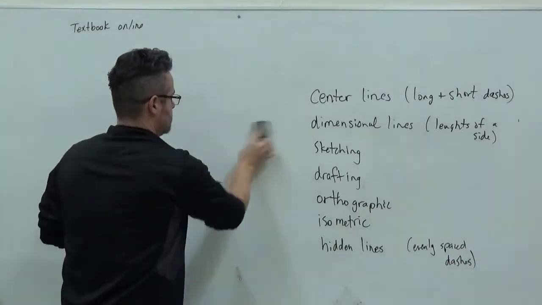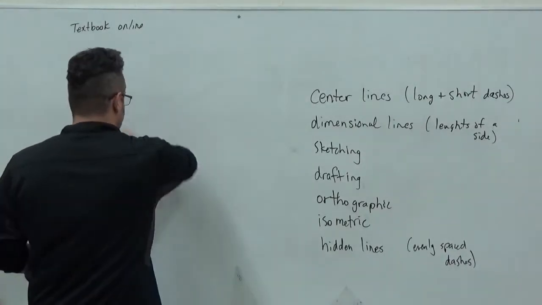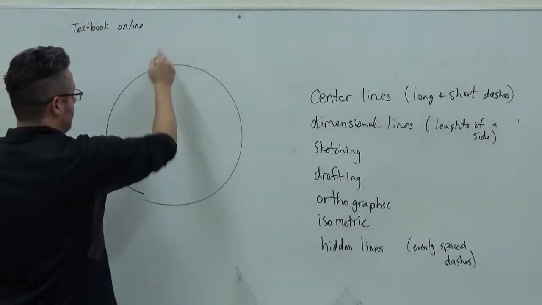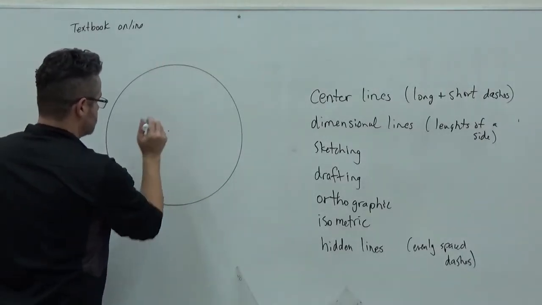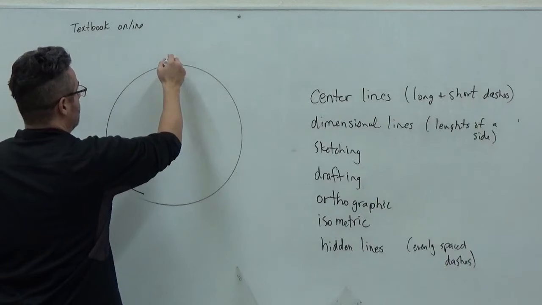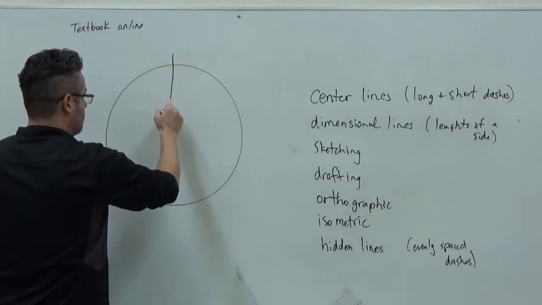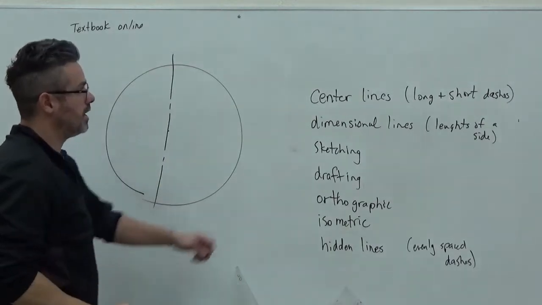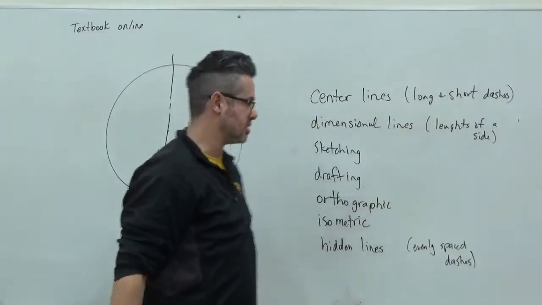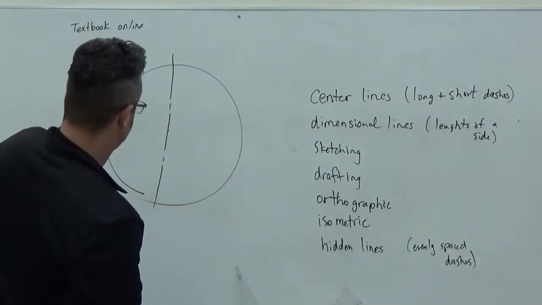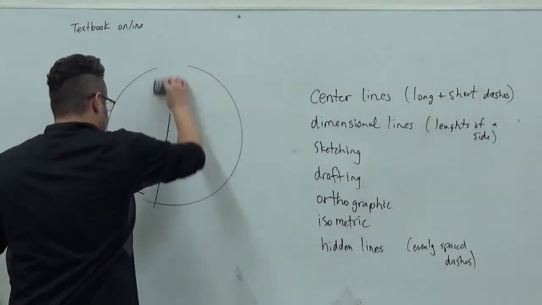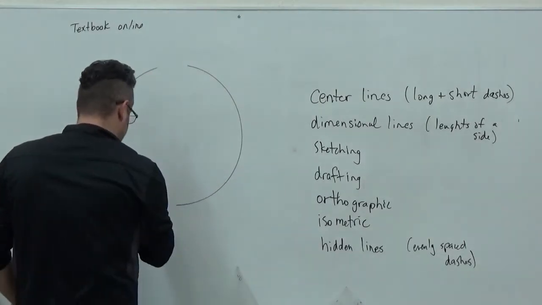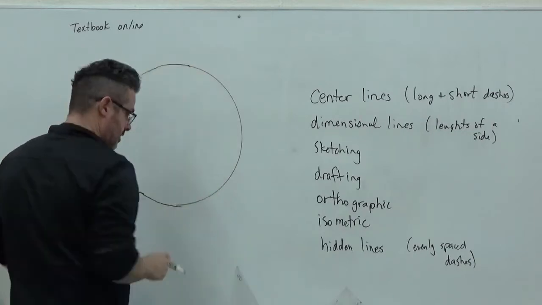When you've got a shape and you need to know where the center is, there will quite often be a center line, and a center line is made up of long and short dashes. That's how you know where the center of an object is.